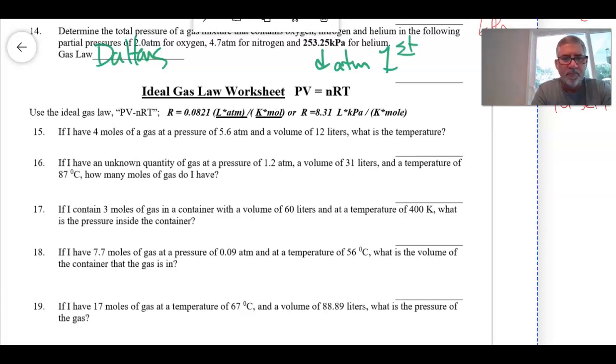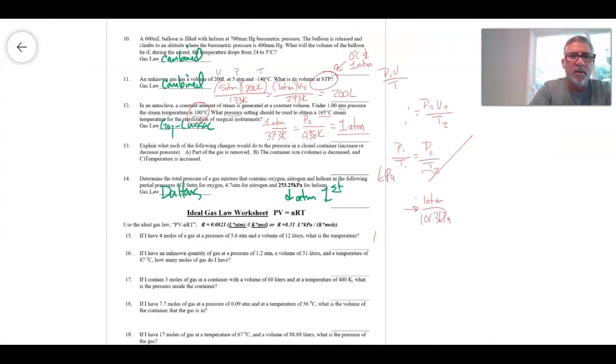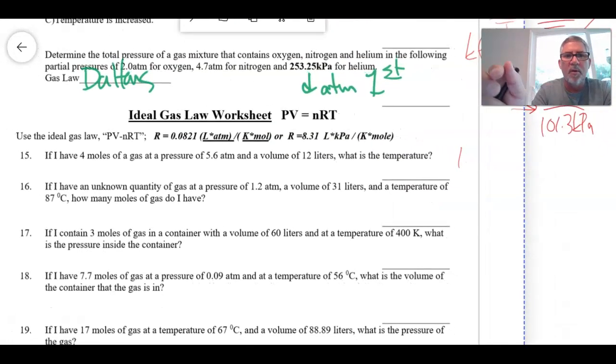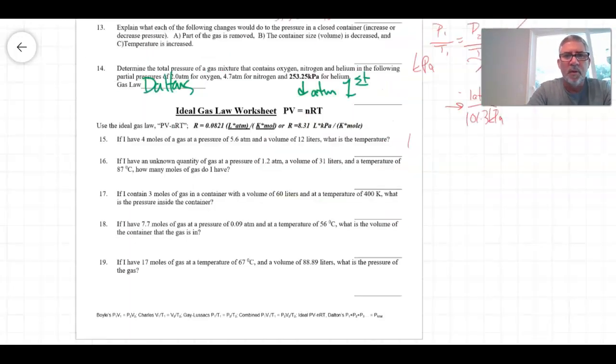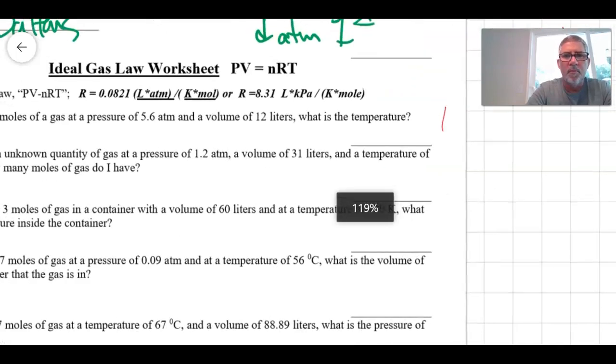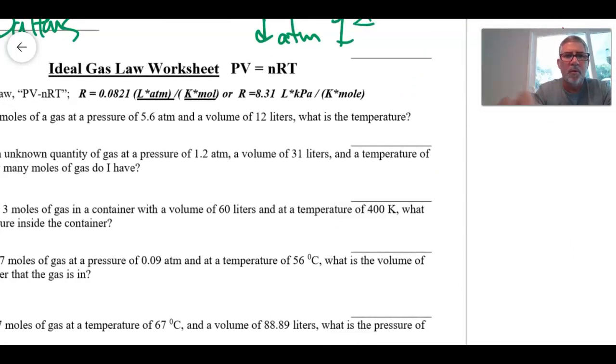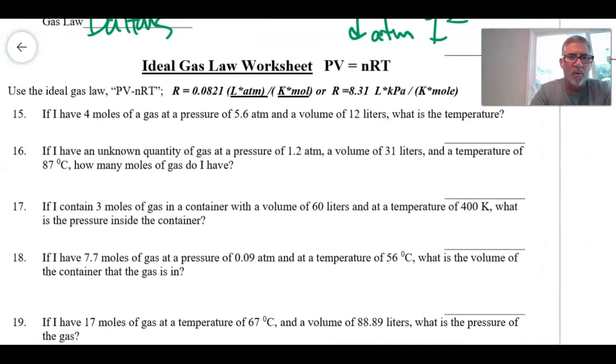Remember, ideal gas law is PV equals nRT. So I'll just go into it. So pressure, 5.6 ATM.